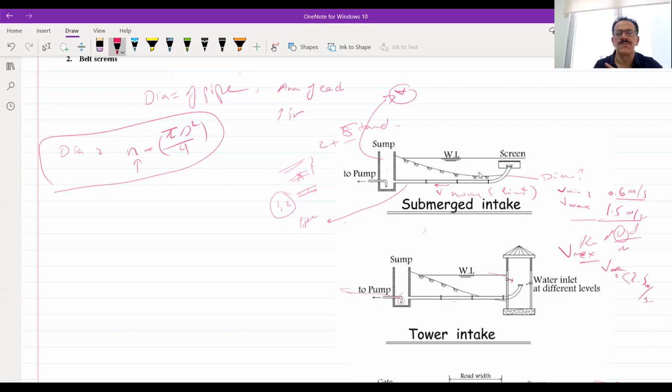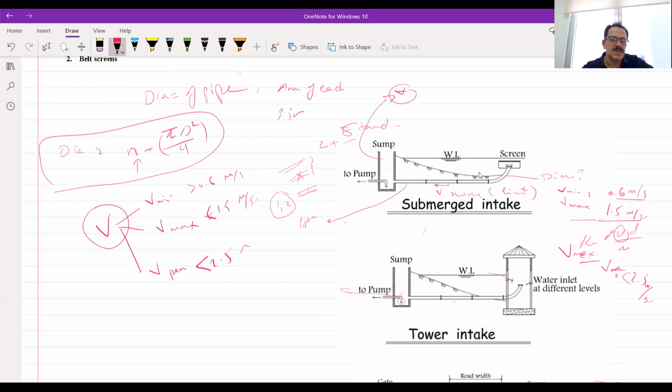So these three velocities, V minimum, V maximum, and V peak, should be greater than 0.6, less than 1.5, and less than 2.5 meter per second. All these are the key points.